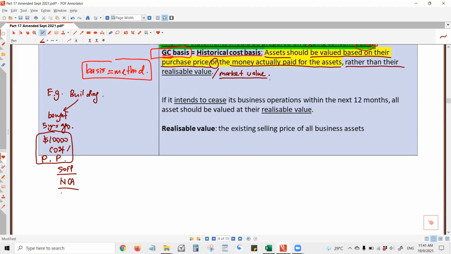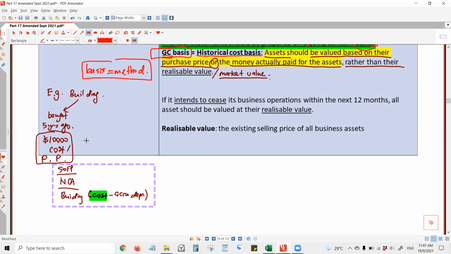When you present your building in your SOFP, you always take the cost minus the accumulated depreciation, right? You always measure it at cost. Do we care at what price you can sell the building right now, if you want to sell it off? No, right? We never look at the market price when we do the accounting.